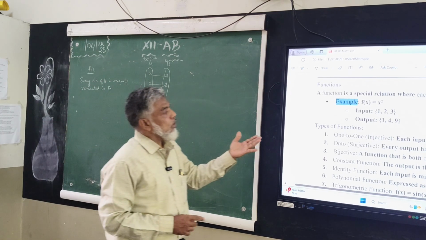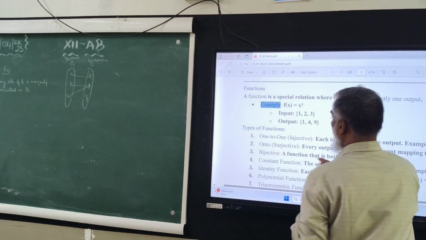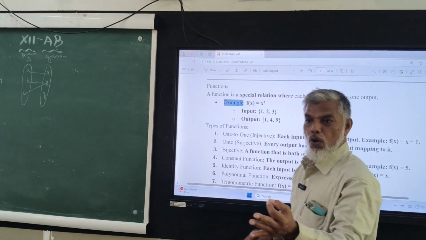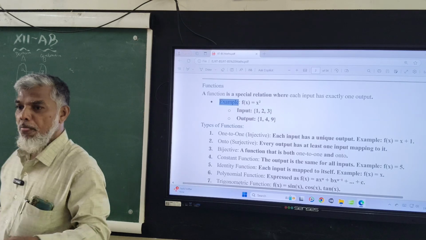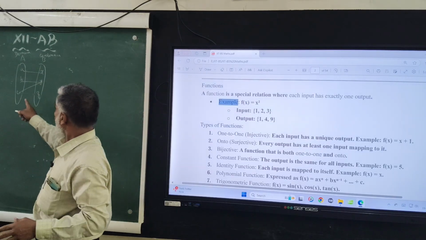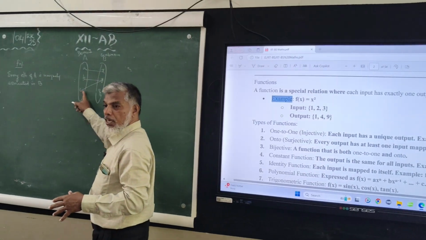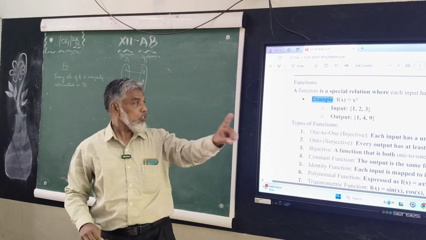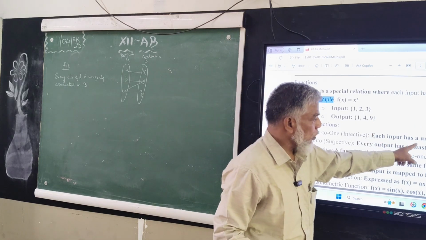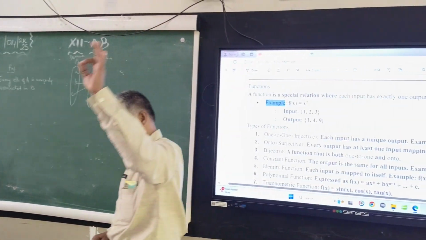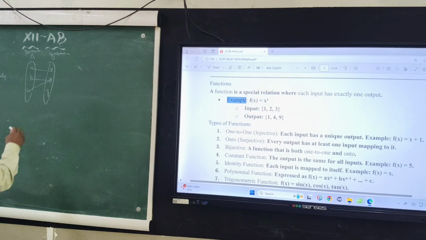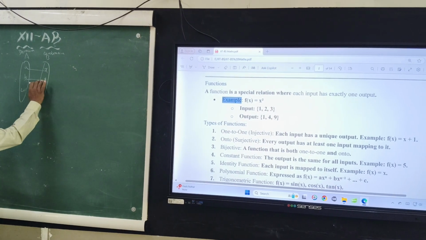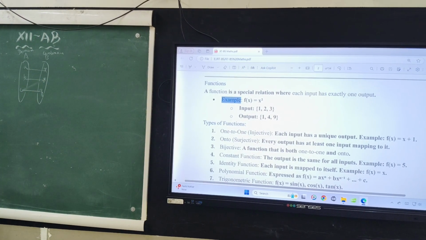Now there is the one-to-one function. Suppose C is related to Z instead of Y, then it is a one-one function. One-one function means each input has a unique output.